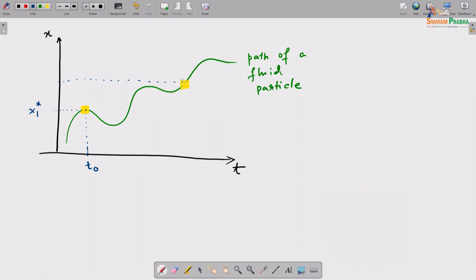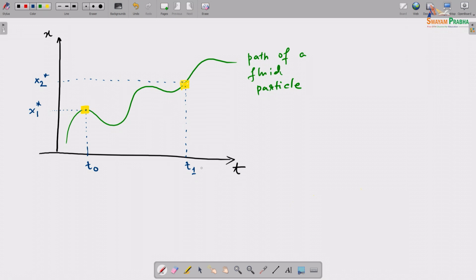Similarly this location, sorry, that should be a straight line, is x2 star, and this is time t1. So, we have something like this.